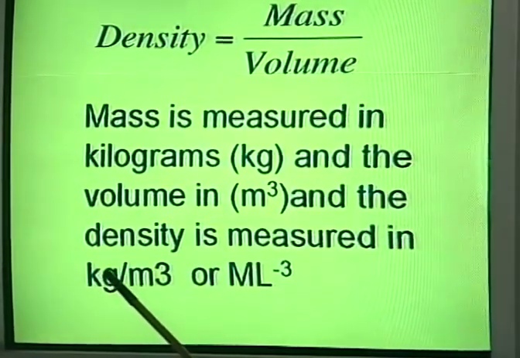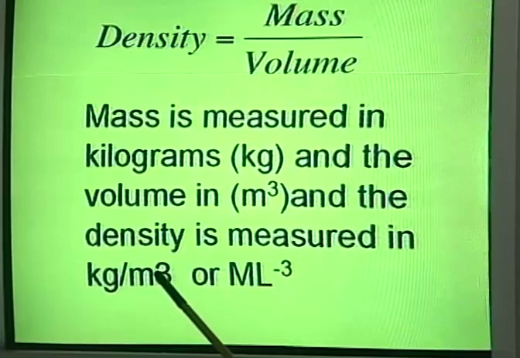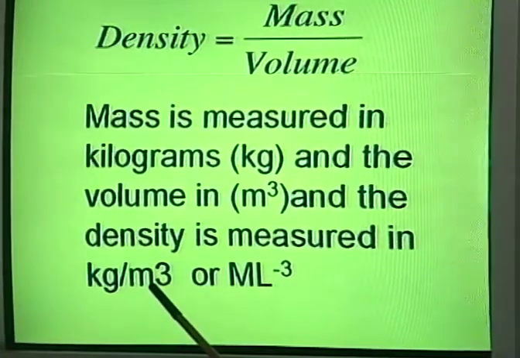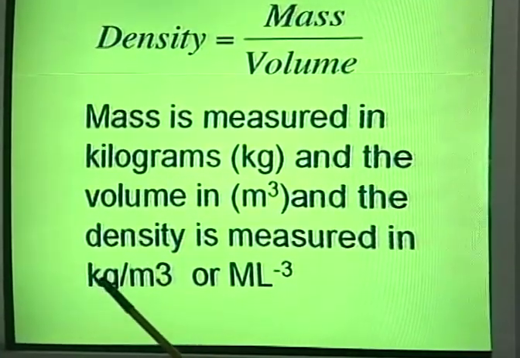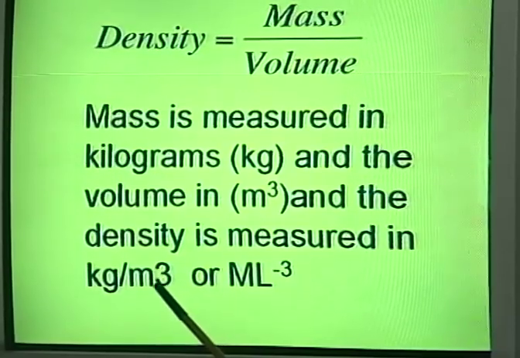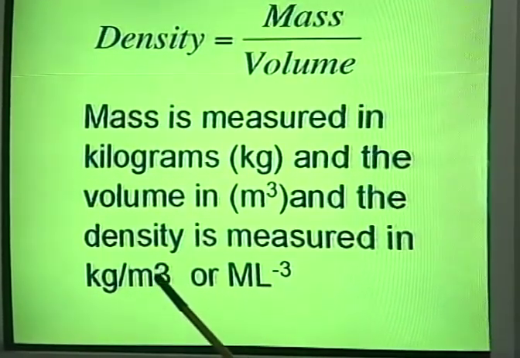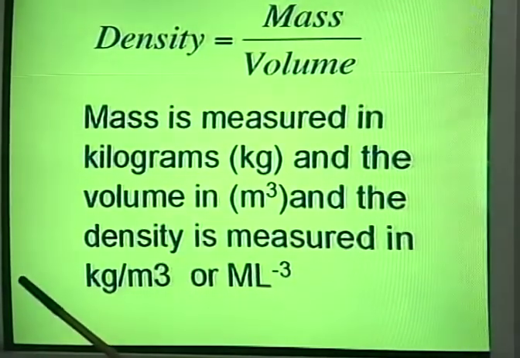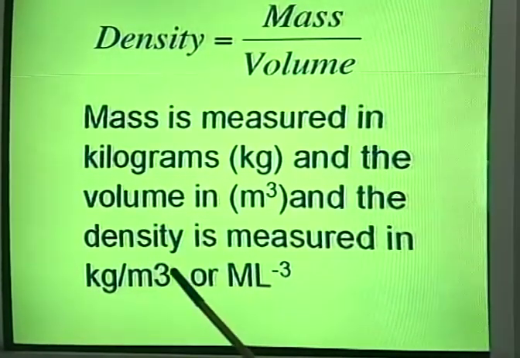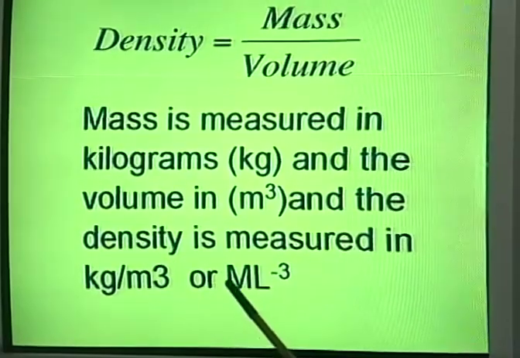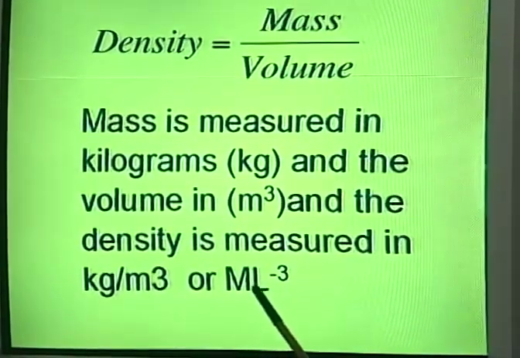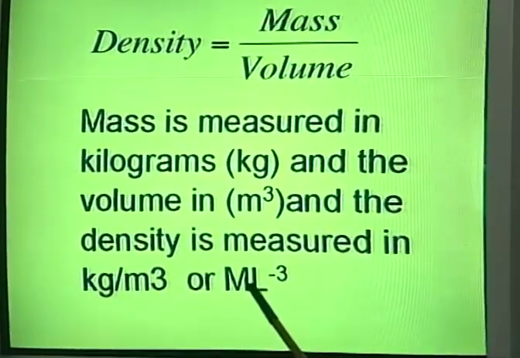For example, it can be in grams per cubic centimeter, or milligrams per cubic centimeter, or milligrams per cubic millimeter. In dimensional form, it is ML minus 3, that is mass per length cubed.